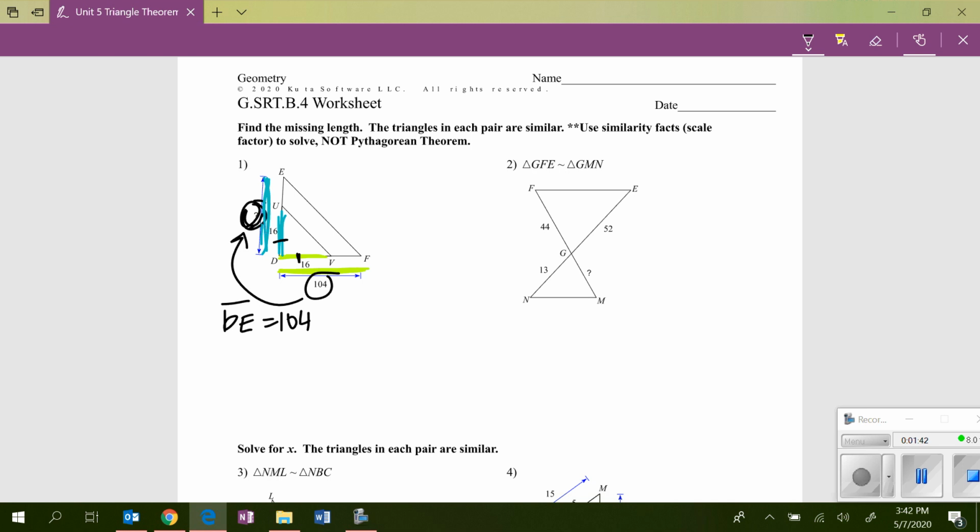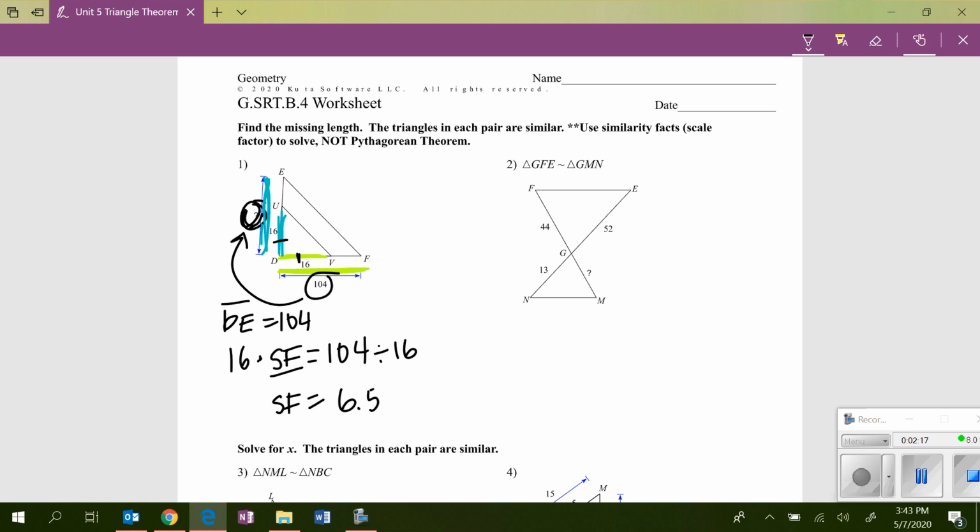Maybe you didn't know that, or maybe that wasn't the case. We're going to have to look for our scale factor, which means taking the things that I know are similar, that are corresponding, and setting them equal. So we can solve it by looking at, I know 16 times some number, calling it scale factor, is equal to 104. To solve for that scale factor, I divide by 16 to get 6.5.